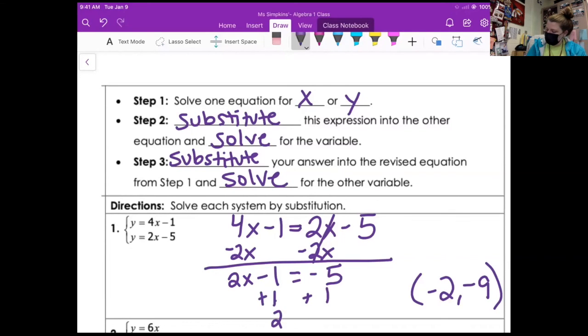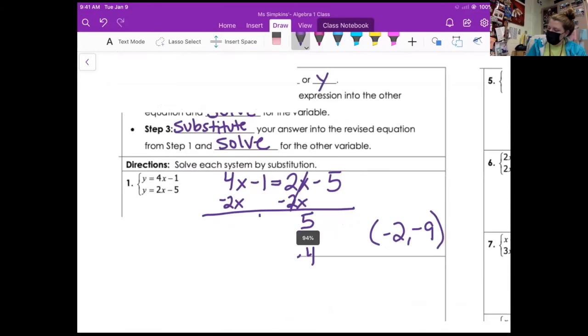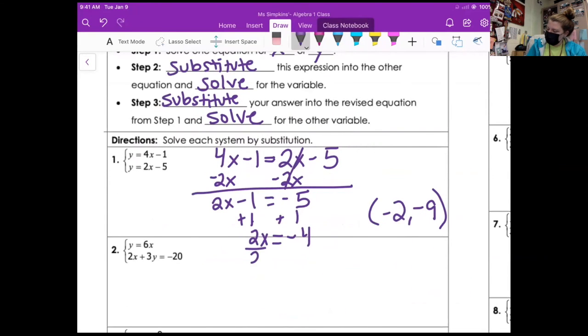And that gives us 2x equals -4. And then if we divide both sides by 2, x equals -2. You've got to add the 1 first. So that's only half of our answer.